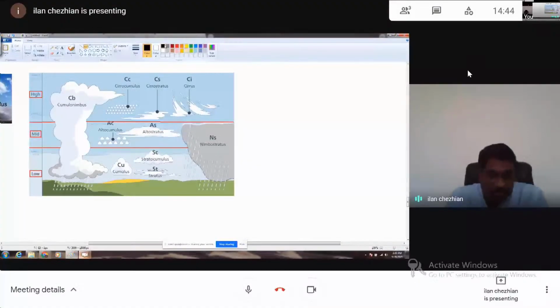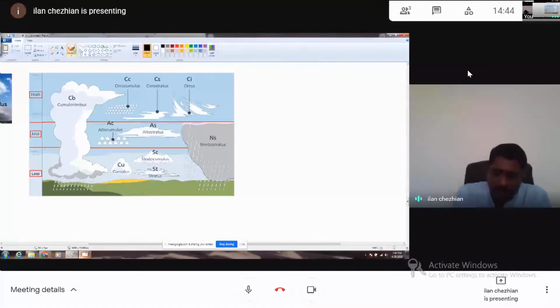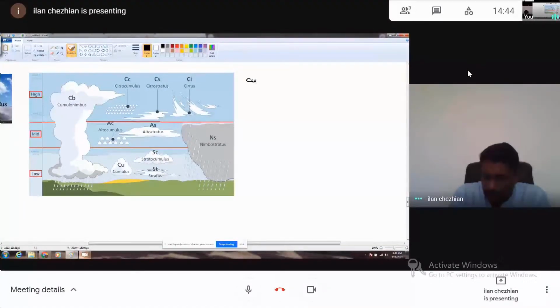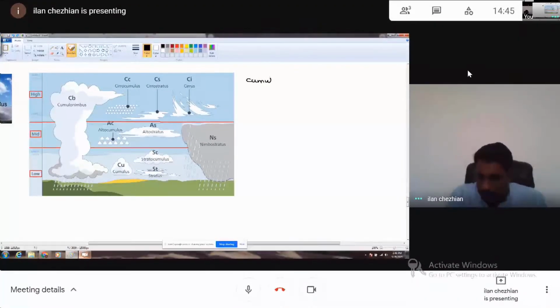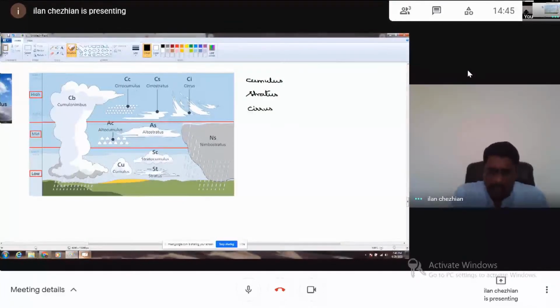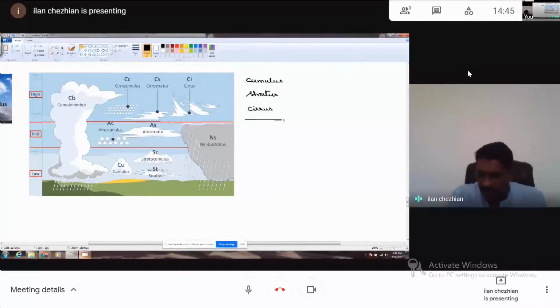Then, my dear friends, based on shape, we have taken three. What are they? You have cumulus cloud, then you have stratus cloud, then you have cirrus cloud. And based on weather effectivity, my friend, we have another type of cloud.